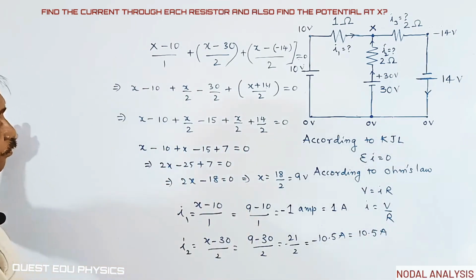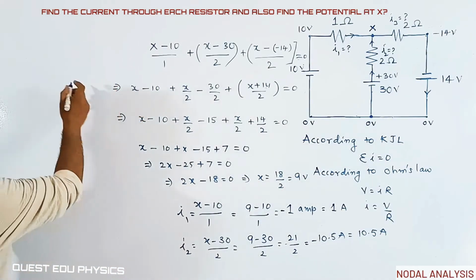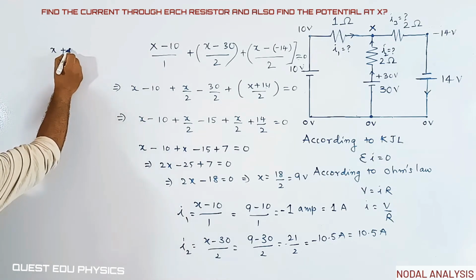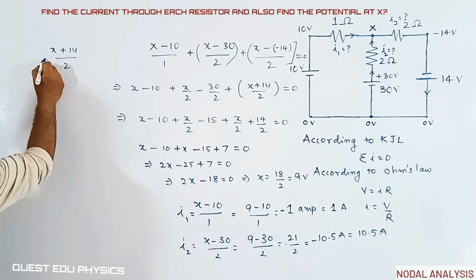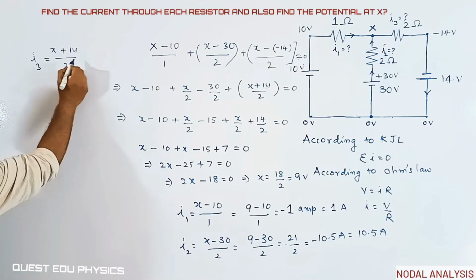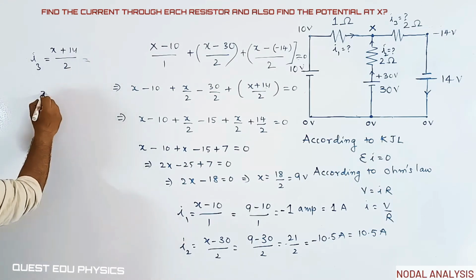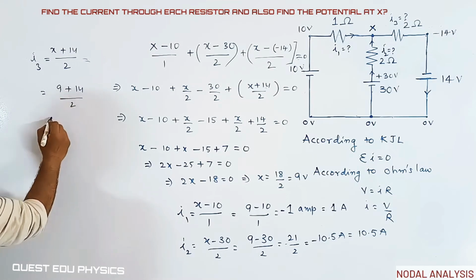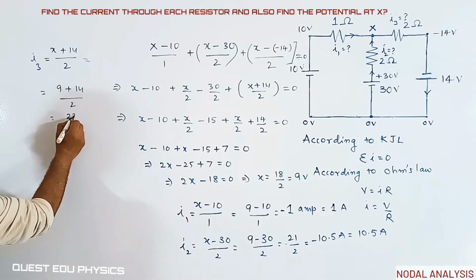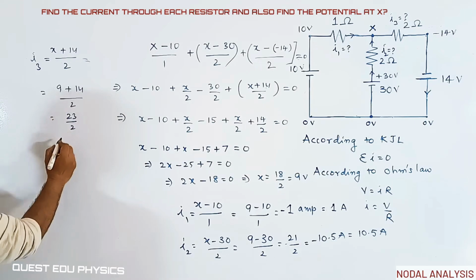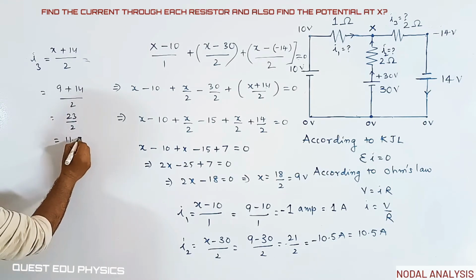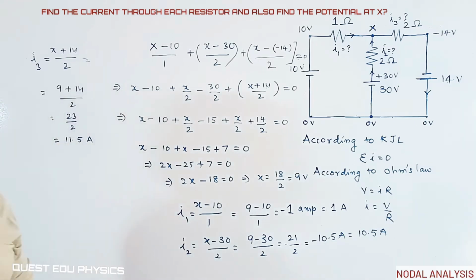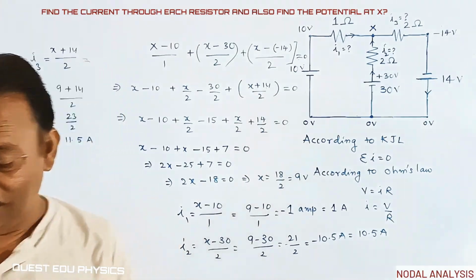And if you go with the third, (x + 14) by 2 is equal to I3. On putting the values, x is equal to 9, so (9 + 14) by 2. It is 23 by 2, 11.5 ampere. In this way, we can get the currents, students.